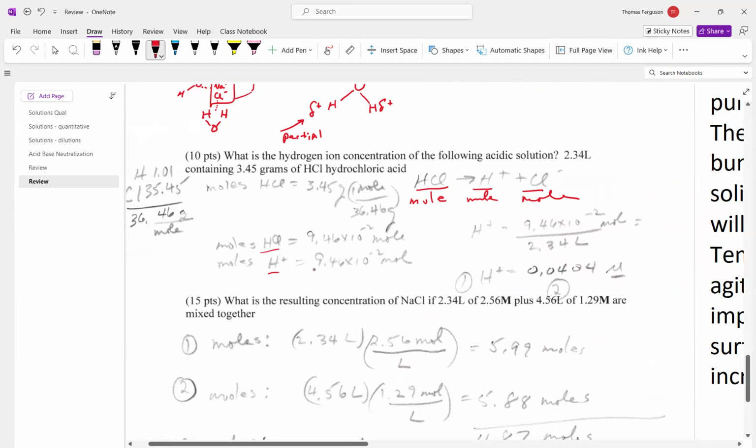Now here we want hydrogen ion concentration, H plus. So that's 9.46 times 10 to the minus 2, or 0.0946, all over 2.34 liters. Grind that out and it ends up being 0.0404 moles per liter, or molarity.